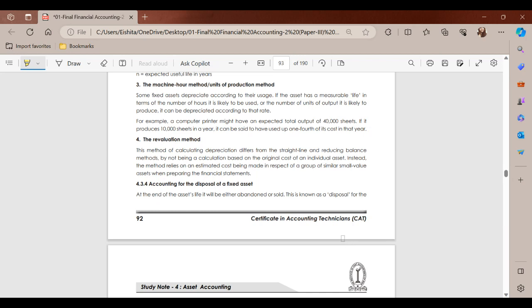This method of calculating depreciation differs from straight line and reducing balance method, not being a calculation based on the original cost. So we will not consider the cost of the asset. We will revalue the asset as at year end, and this will be the depreciation. Instead, the method relies on an estimated cost being made in respect of a group of similar small value cost when preparing the financial statements.